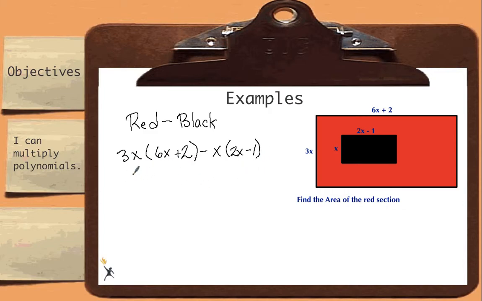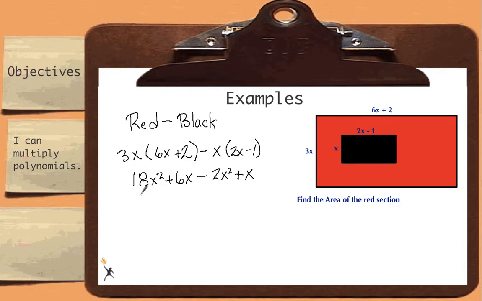The first one I get is 18x squared plus 6x. Now go ahead and distribute. Negative x times 2x is negative 2x squared. Negative x times negative 1 is plus x.